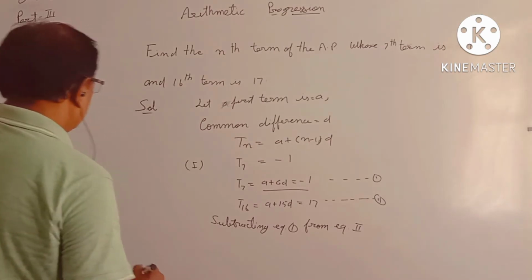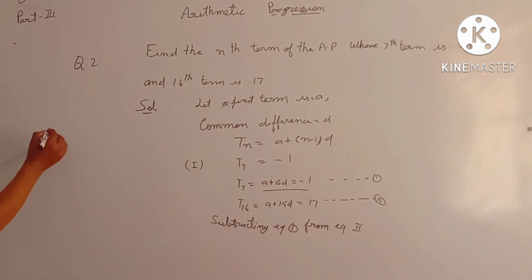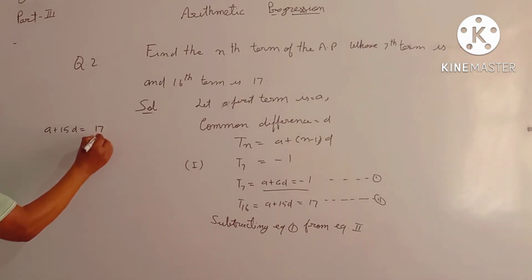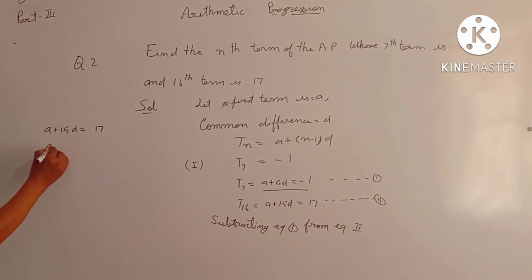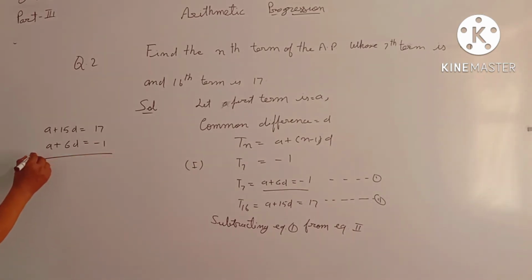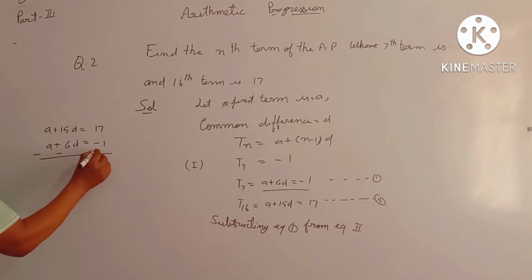Then we subtract here: the second is A plus 15D equals 17, and the first is A plus 6D equals minus 1. So we subtract and change the sign.